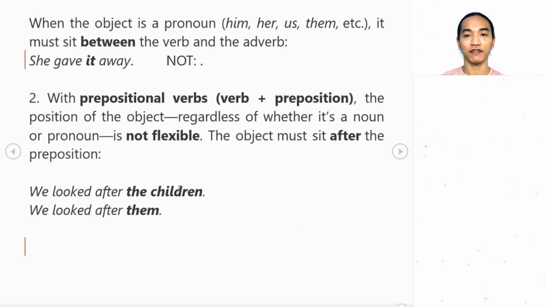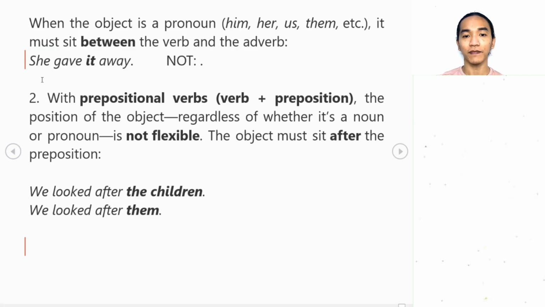When the object is a pronoun, like him, her, us, them, it must sit between the verb and the adverb. This is for your phrasal verb. She gave it away, not she gave away it.